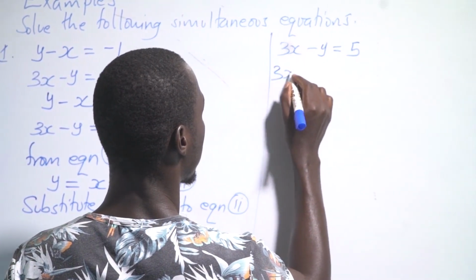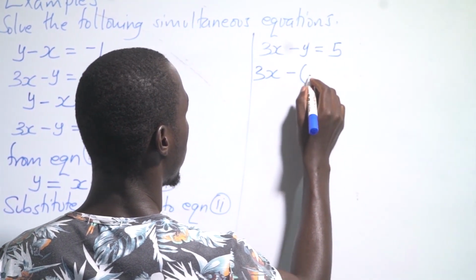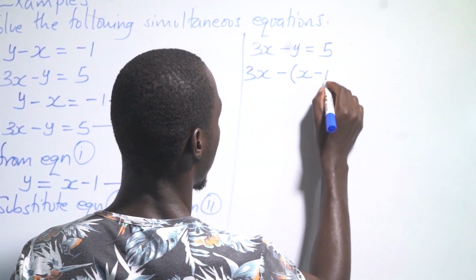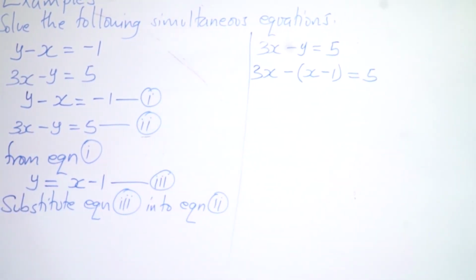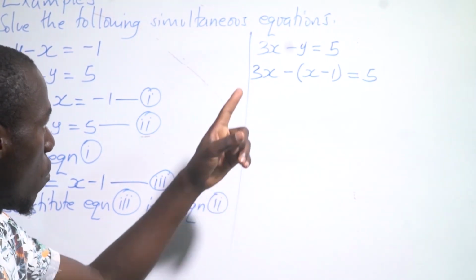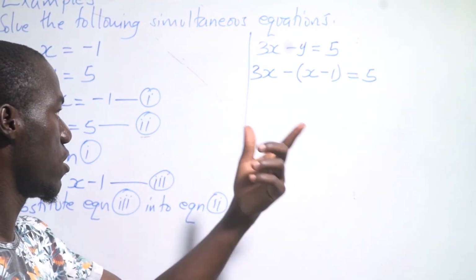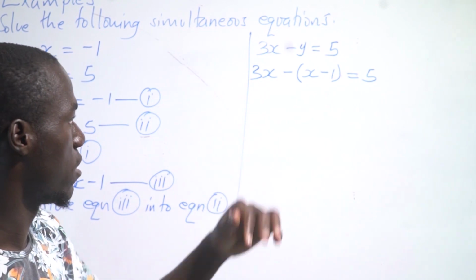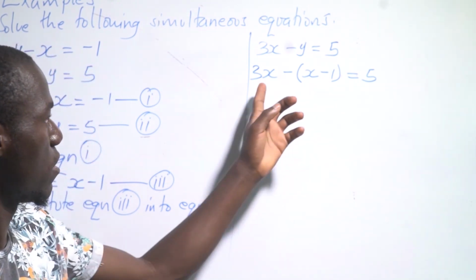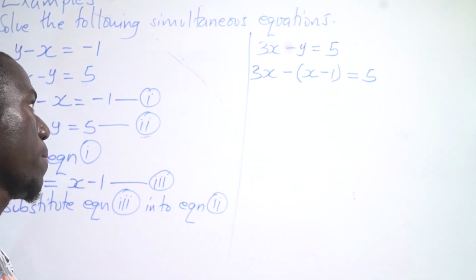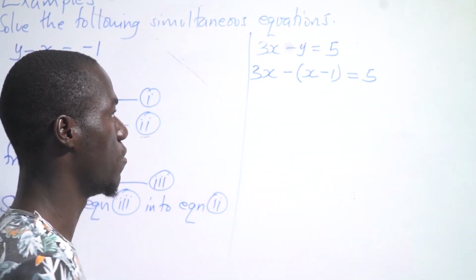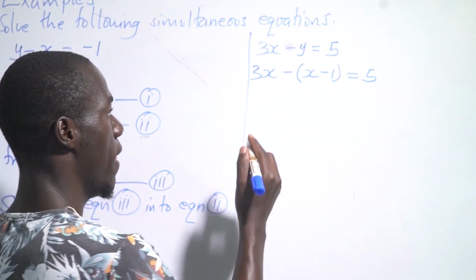So this is 3x minus the y, which is x minus 1, is equivalent to 5. So in there, I've eliminated the y by substituting it in terms of x. Now this equation that I have here has only one unknown. Then I can continue to find that unknown.